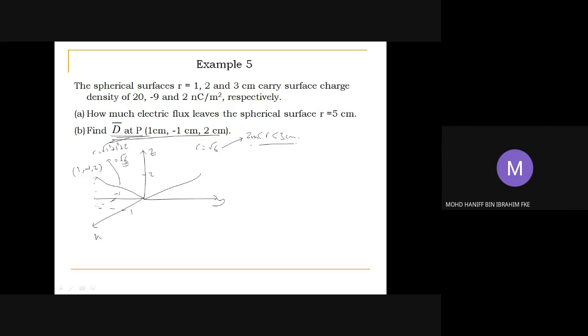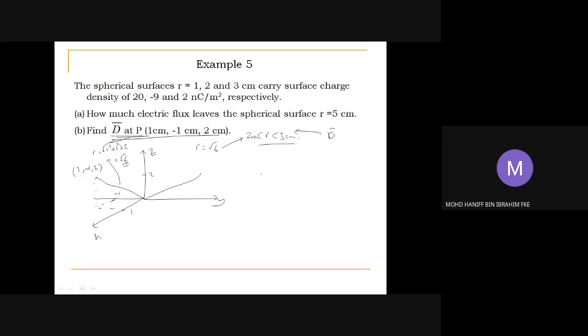Okay, so our interest is to find the flux density D at this position. That should be our aim now, because we want to find D at this point P. Before we can find the flux density D at the point P, we need to first obtain the general equation for the flux density D at this position, because this is where the point P is located.